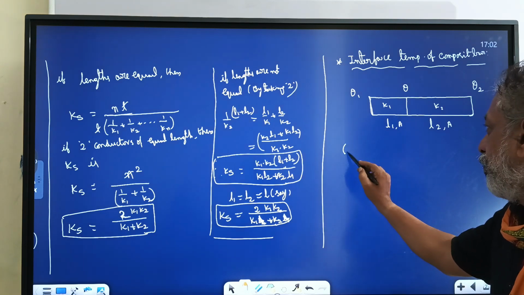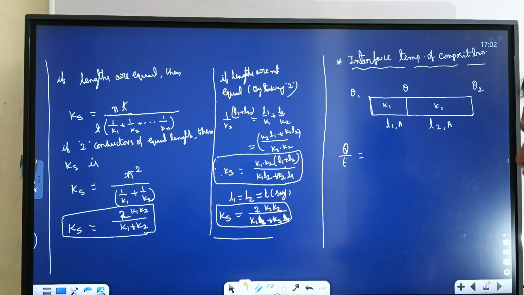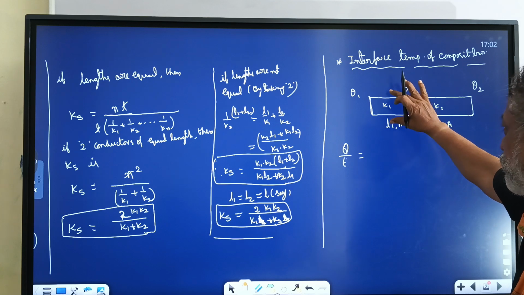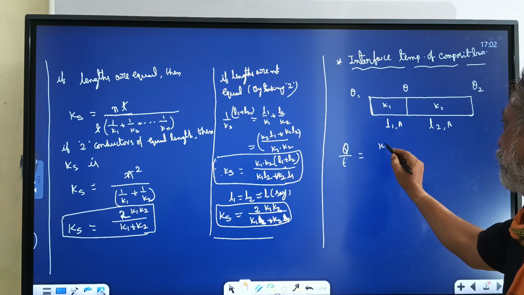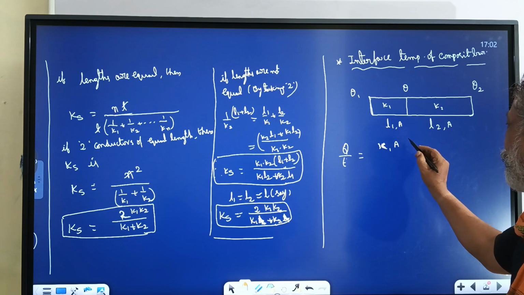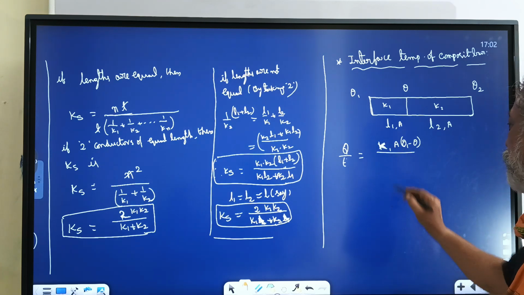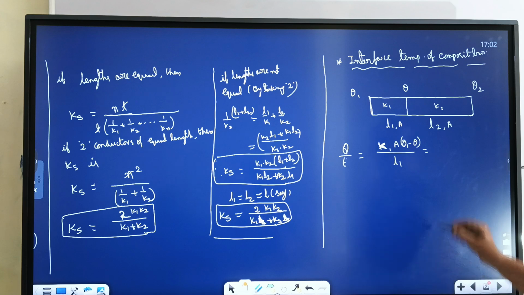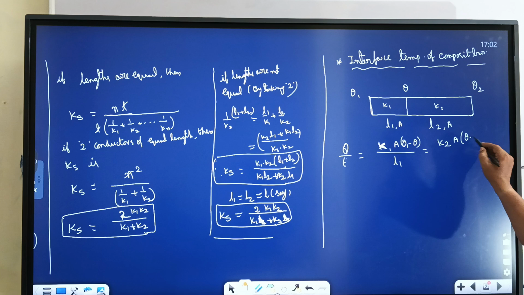So the rate of heat flow, Q by t, in series is the same. Whatever rate of heat flow is there, the same rate will be in both. So K1 A into delta theta, that is theta 1 minus theta, divided by L1, is equal to K2 A into theta minus theta 2 divided by L2.